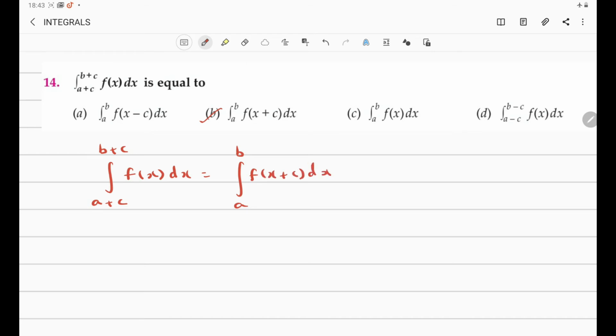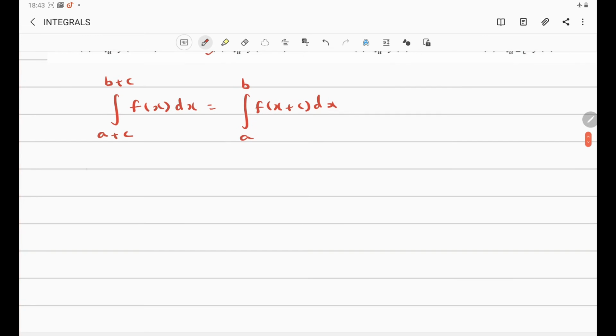So let us try to prove this. So consider integral of a to b f of x plus c dx. Okay. So we will try to prove this is equal to the integral a plus c to b plus c f of x dx.